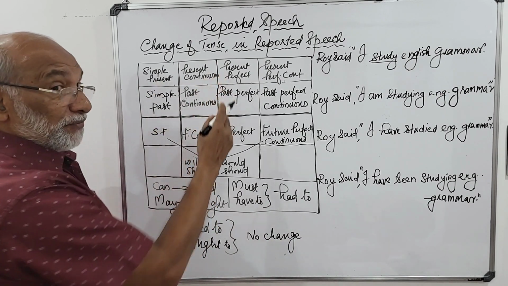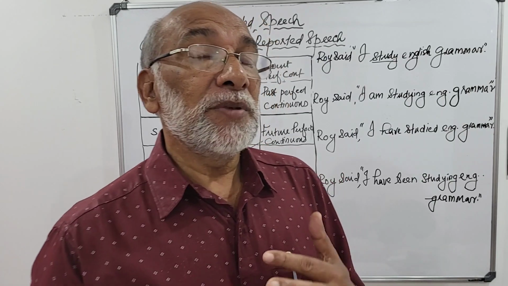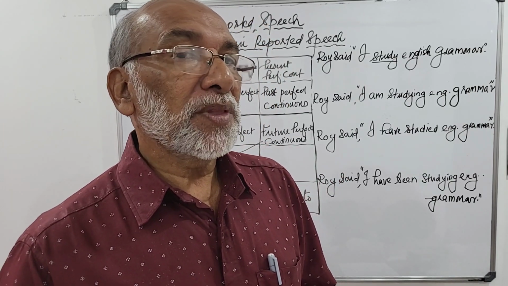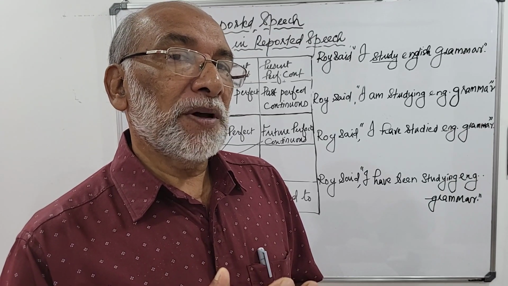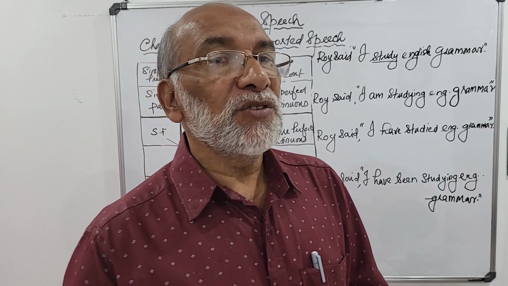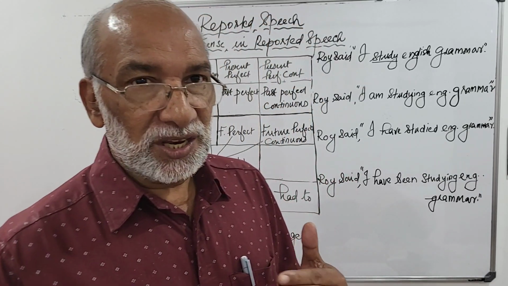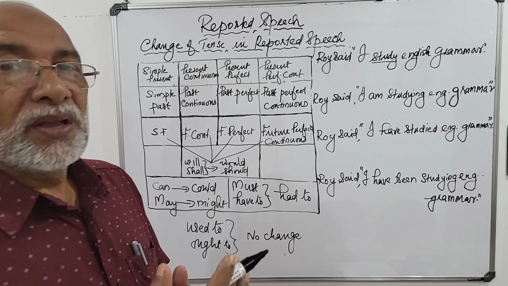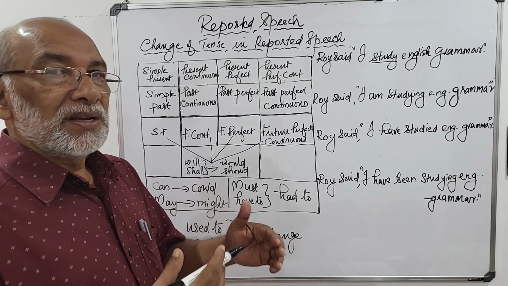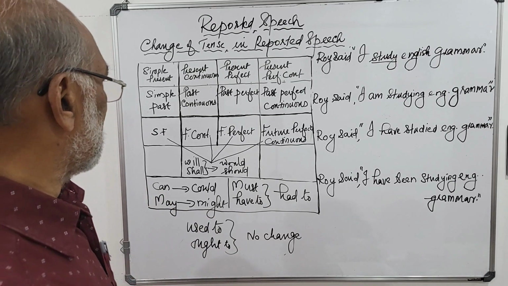See, there are four tenses in each tense form, I mean present, past and future. Simple present, present continuous, present perfect, and present perfect continuous are the four tense forms in present tense. Let's see how they are changed in the process of the conversion of direct speech into indirect speech.